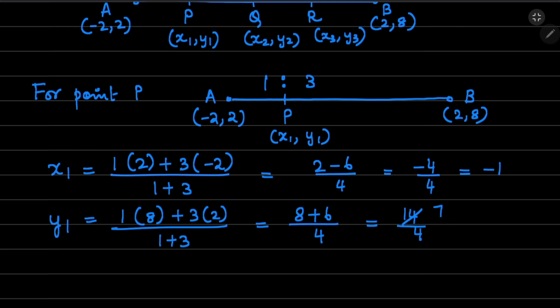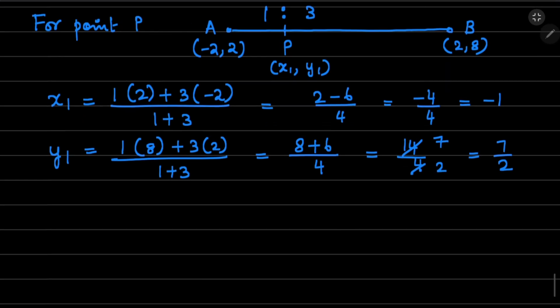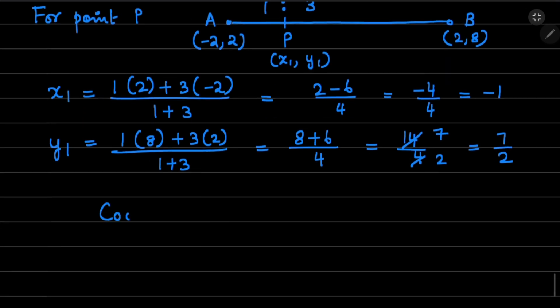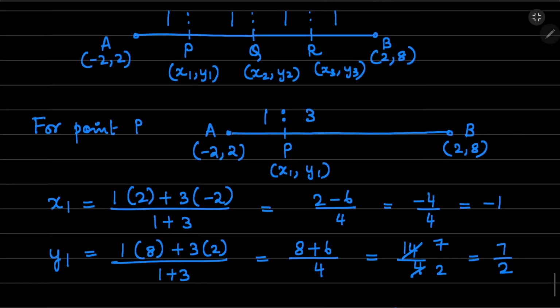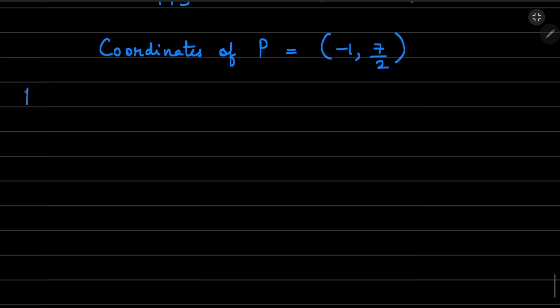So you can cancel. 2 2s are 4, 2 7s are 14. So 7 by 2. That's your y1. So therefore, the coordinates of point P will be equal to (-1, 7/2). So similarly, you have to calculate all the other points. Now this is for point P, let's take point Q.